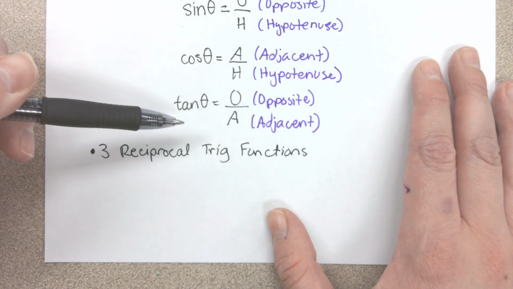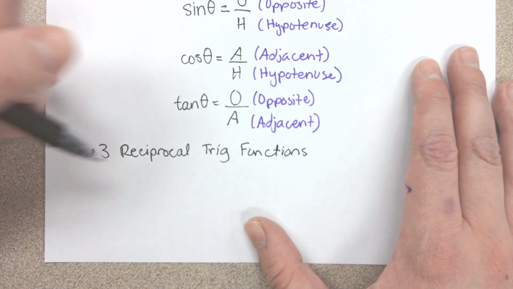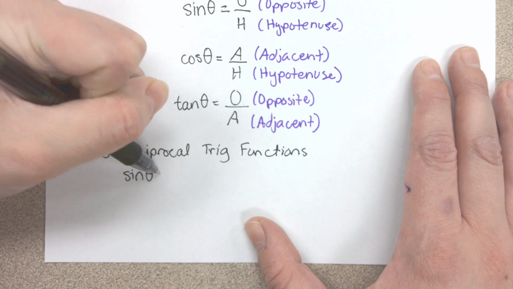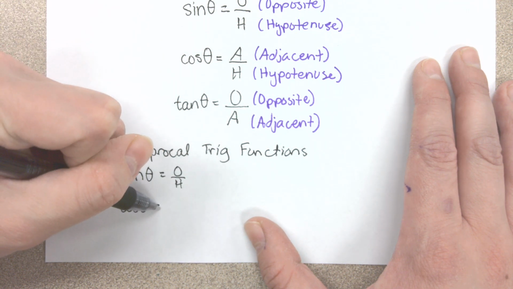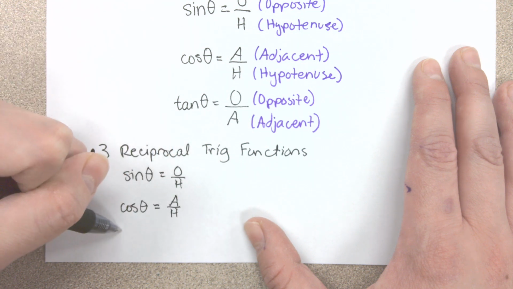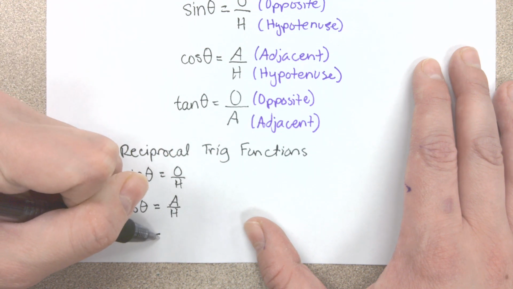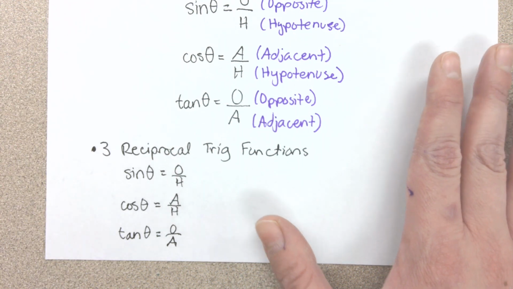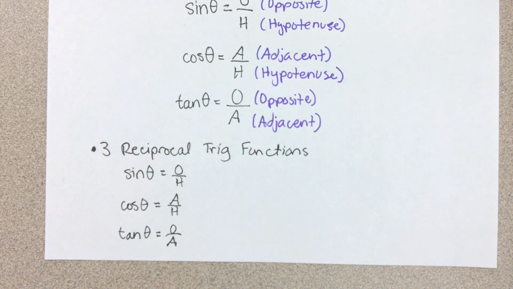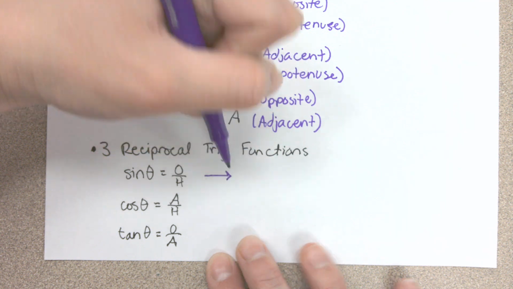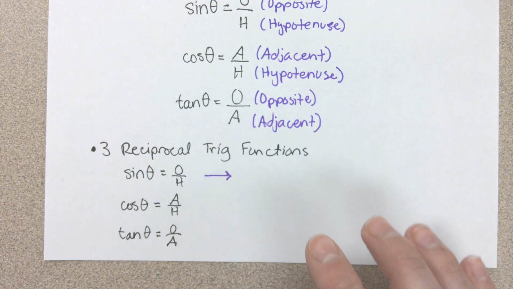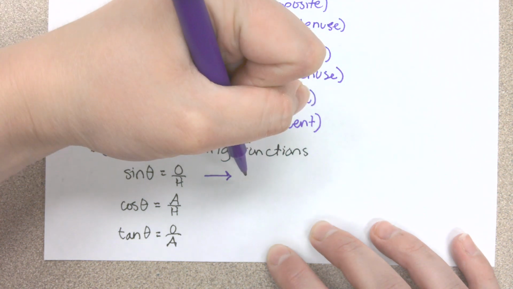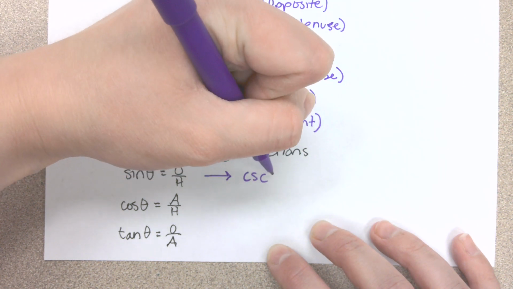So let's start with the original 3 and get to the 3 new ones. Sine of theta is O over H. Cosine of theta is A over H. And tangent of theta is O over A. The reciprocal of sine, the 3 letters are CSC theta.